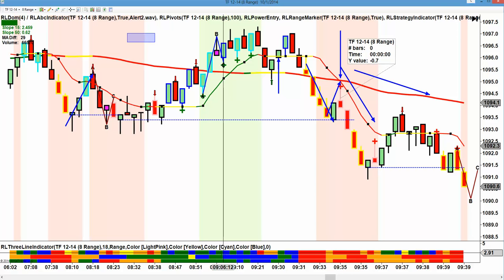So if you have more executed buys in the tick that just formed in relation to the previous tick on both the 8 and the 18 range, you're going to have green order flow. If you have more executed sells on the 8 and the 18 on the tick that just formed compared with the previous tick, you're going to have red order flow. Order flow is a very important component to trade.